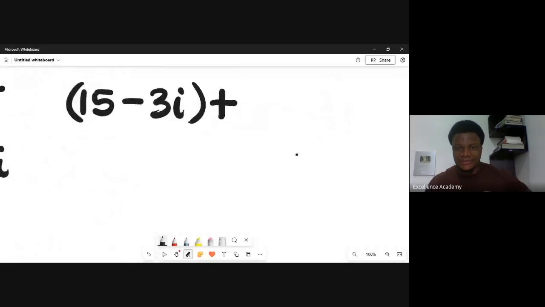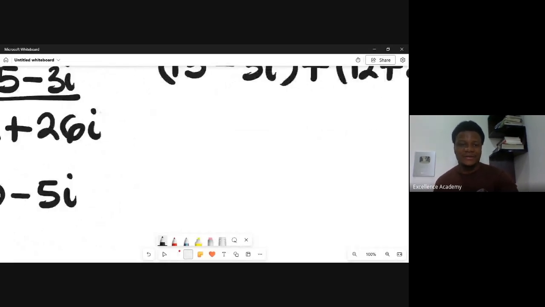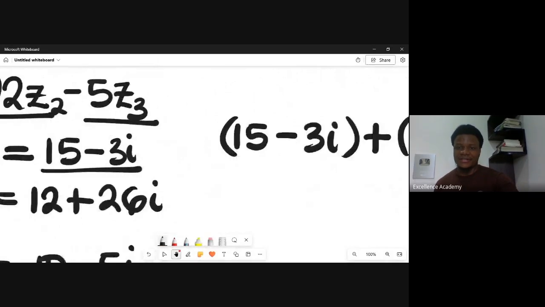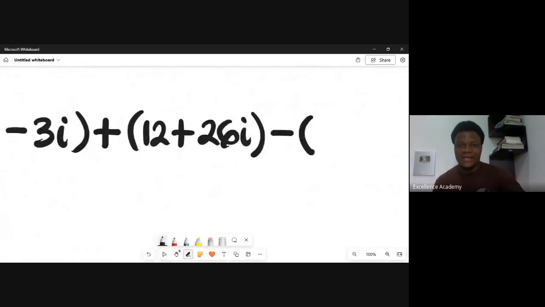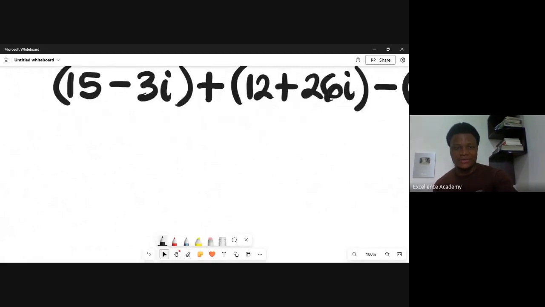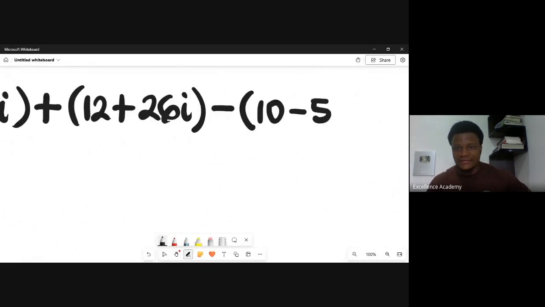So I have plus, in brackets, 12 plus 26i. Then finally, I now have minus 5z3. The value of 5z3 from our solving is 10 minus 5i. So minus, in brackets, 10 minus 5i.